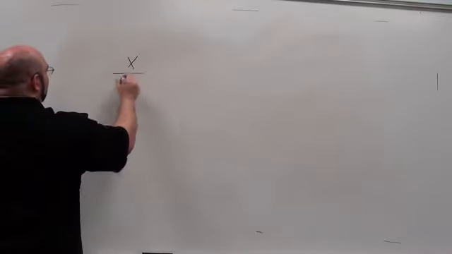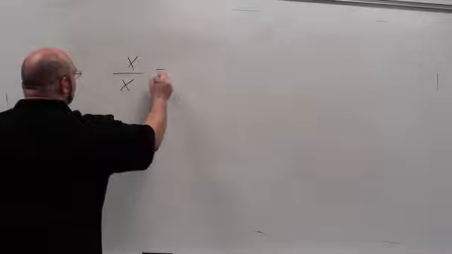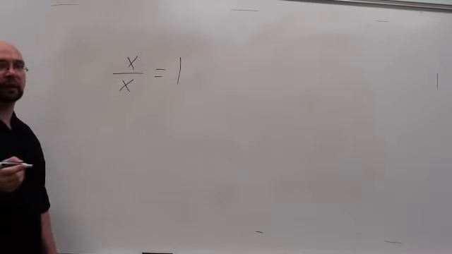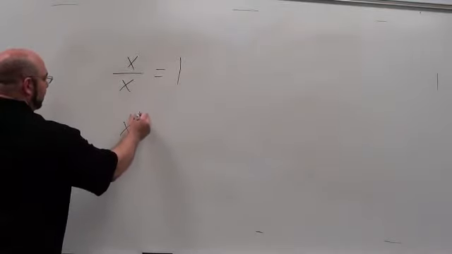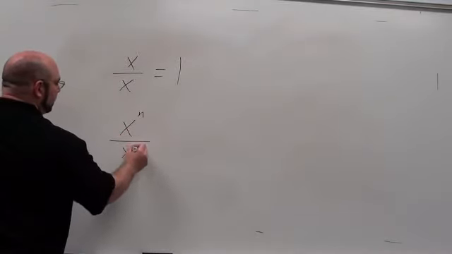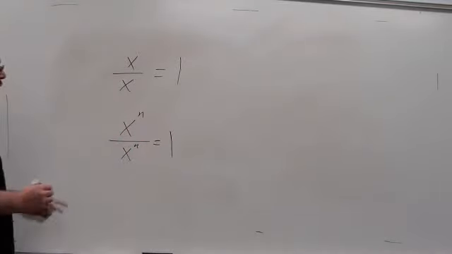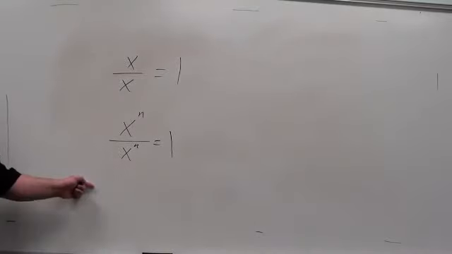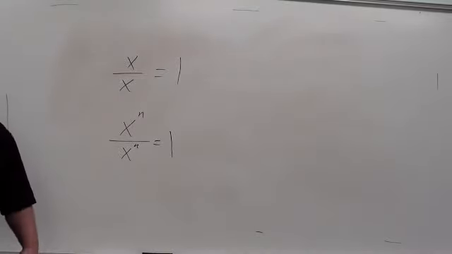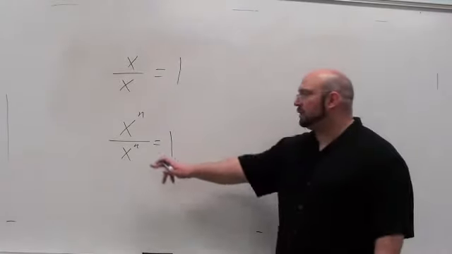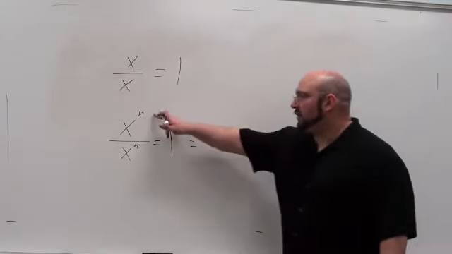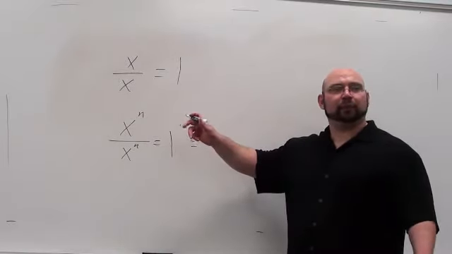If x over x is equal to 1, right? Then I want you to think about this. x to the n over x to the n is also equal to 1, because anything over itself is equal to 1. But if we take the rule that we know, just before, like I did, I said, well, hold on. If they're the same, it doesn't matter where you bring them, right?